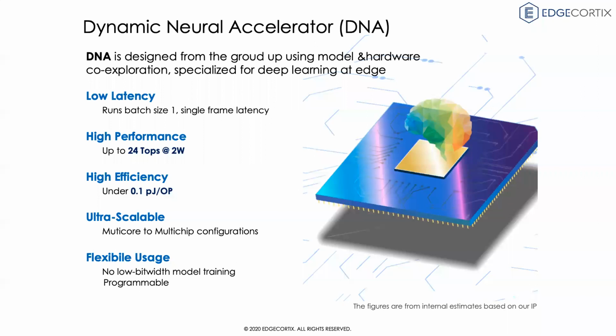Essentially, this was designed from the ground up using such a co-design co-exploration framework, and specifically created for deep learning on the edge. As we said, you have to adhere to the strict constraints that edge intelligence brings you. In this case, low latency. So for deep neural networks, you have the ability to run a batch size of 1. That means single frame latency directly on these devices.